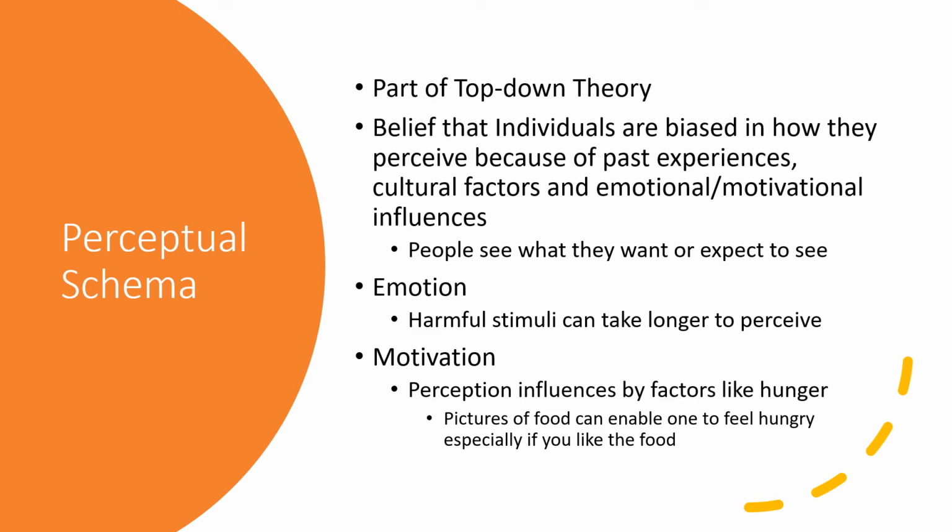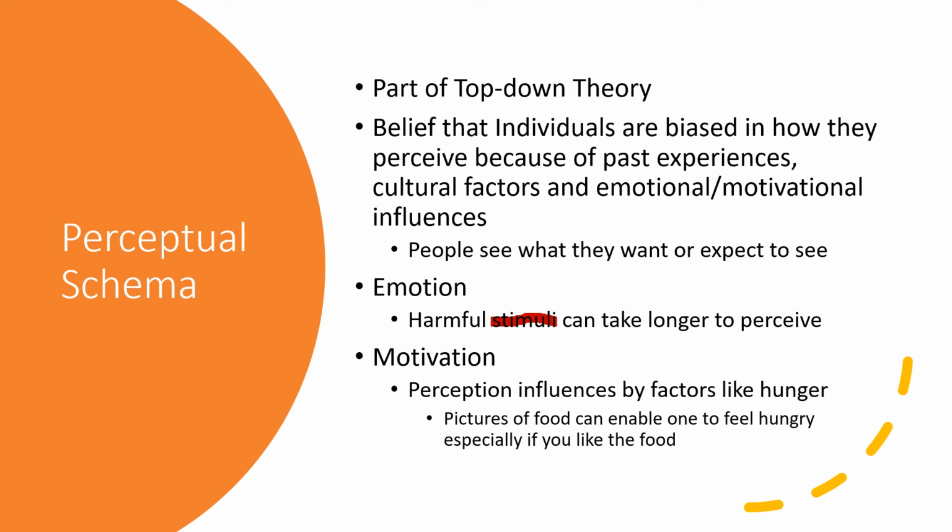So part of top-down theory is this idea of perceptual schema, and this is the belief that individuals are biased in how they perceive because of past experiences, our cultural factors, and also our emotional and motivational influences. In short, people see what they want or expect to see. And on an emotional level, harmful stimuli, and by stimuli, we mean sensory information, can take longer to perceive.